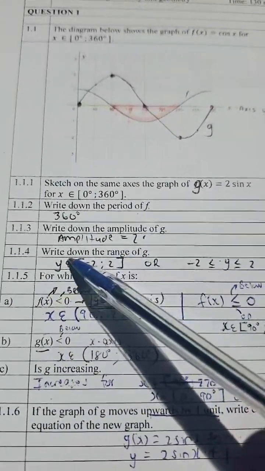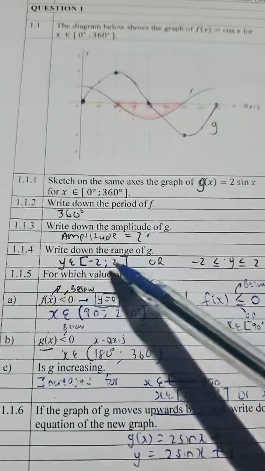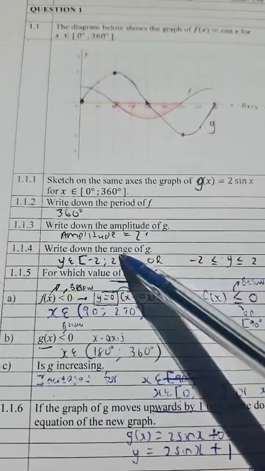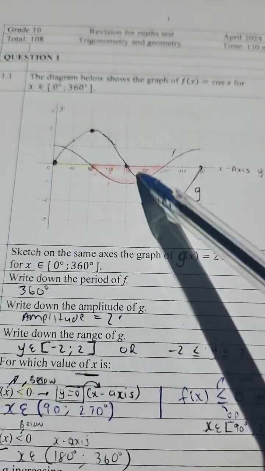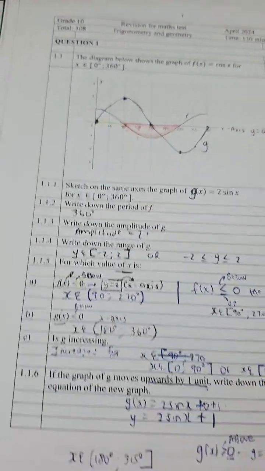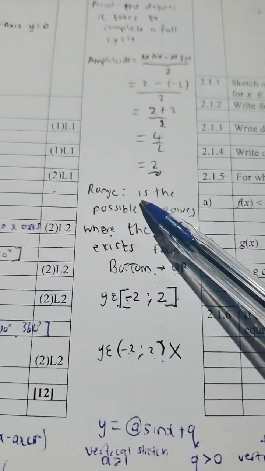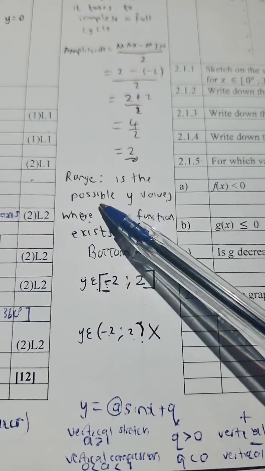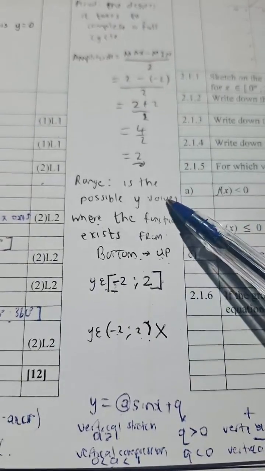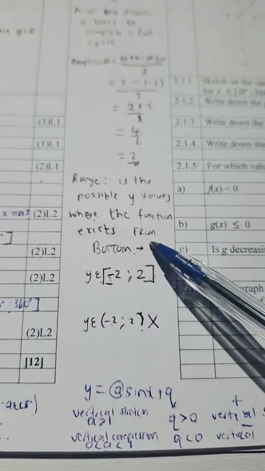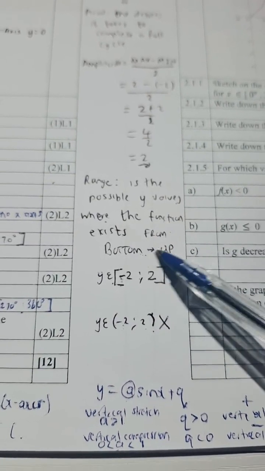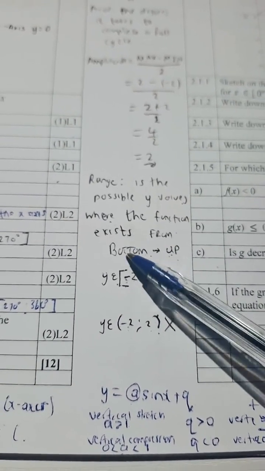Then we were able to find the range of g, which means this function. We established yesterday that range, by definition, is the possible y values where the function exists, from bottom to top.